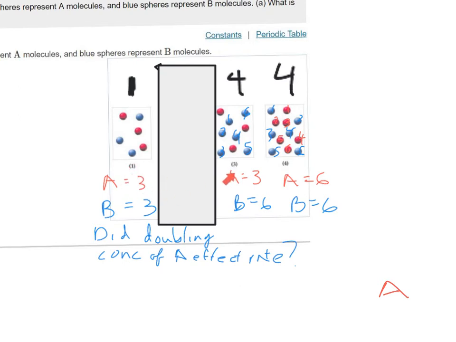In 1 and 3, we have the same concentration of A: A equals 3, A equals 3. Our concentration of B doubles, though. Does doubling the concentration of B have an effect on the rate? Heck yeah! 3 moves 4 times as fast as 1 when we doubled our concentration. So B to what power?